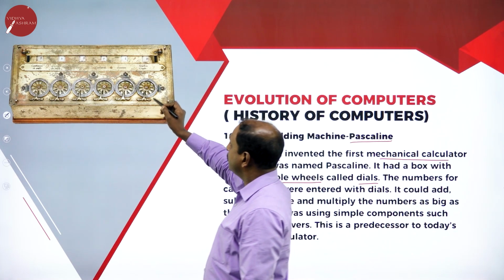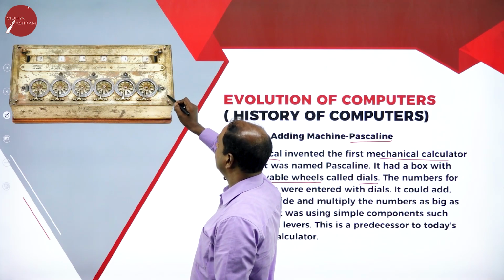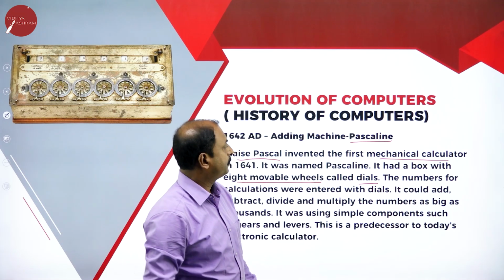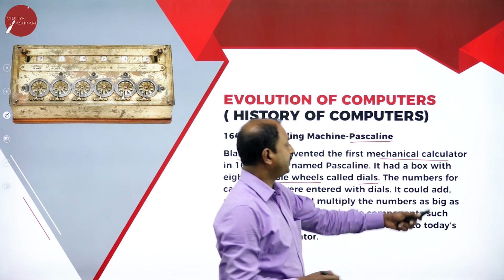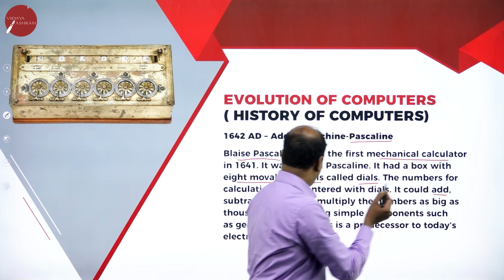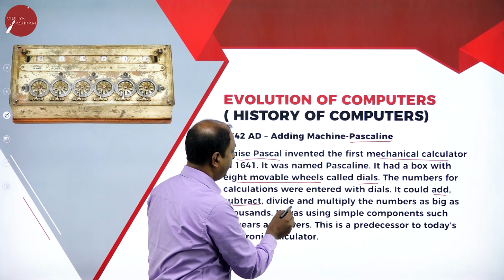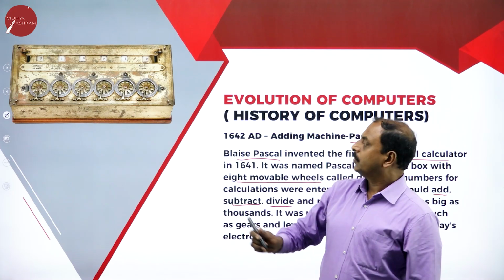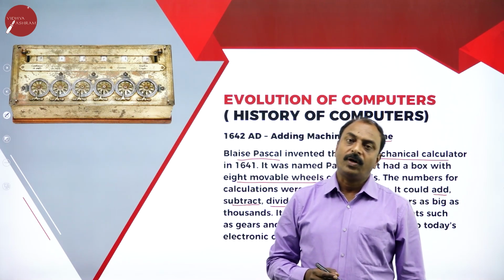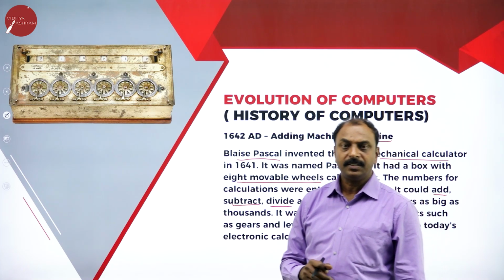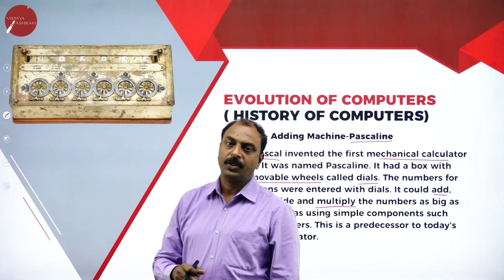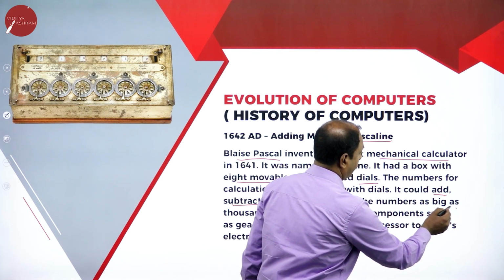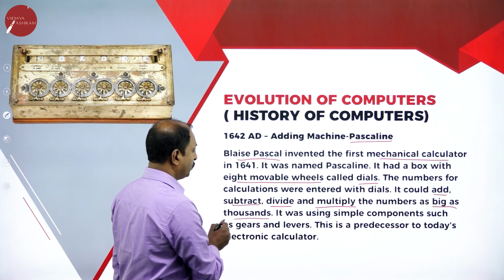By turning these dials with the handle, they used to fix the number to be multiplied. With the help of this, it could add, subtract, divide, and multiply numbers. And it could add very big numbers in thousands.